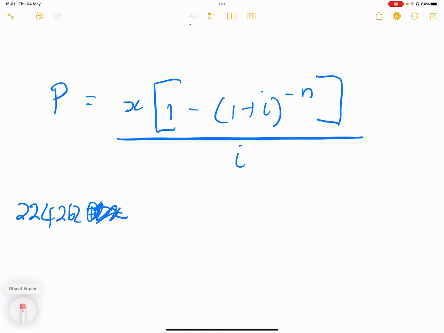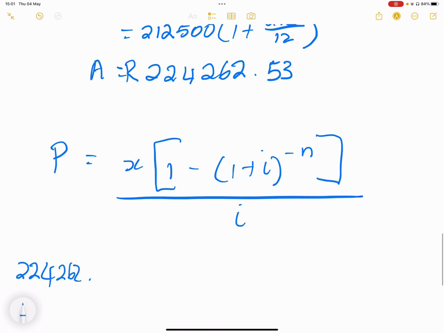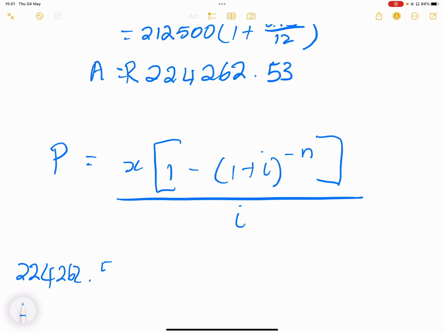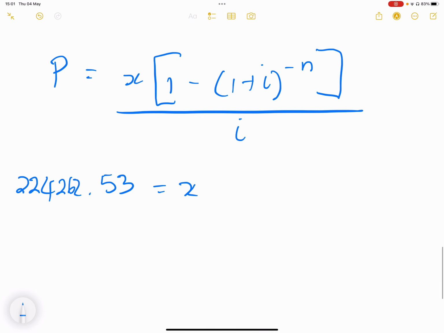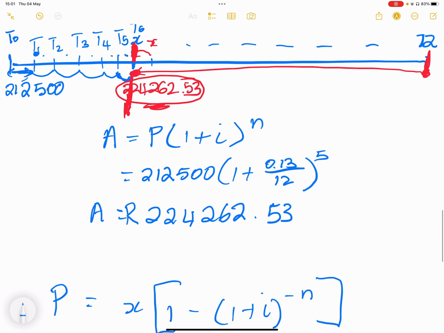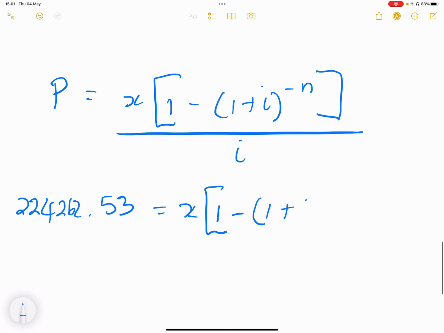So that's 262.53. We want to get the X amount. So we're going to say into 1 minus, let's open brackets, 1 plus, remember the interest was 0.13, over 12.